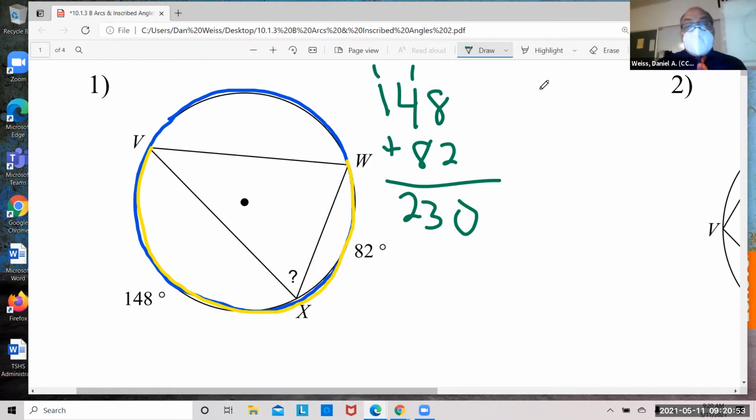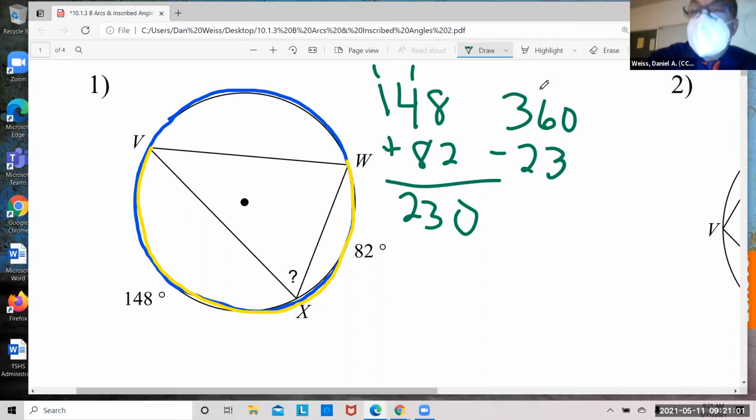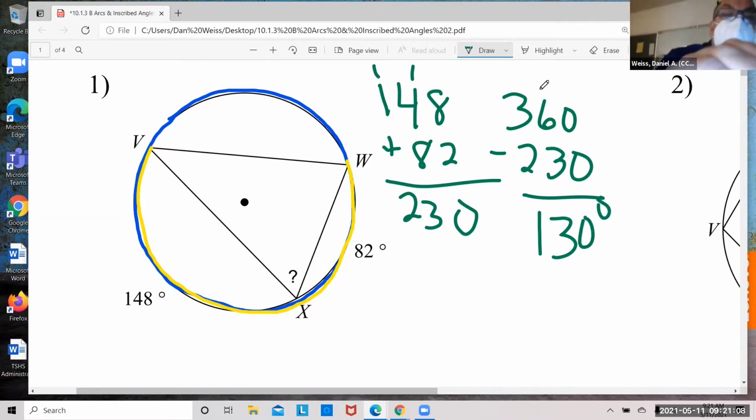So the yellow arc is 230 degrees. What am I going to do? I'm going to take 360 minus 230. What's that? 130. So this blue arc is 130 degrees.